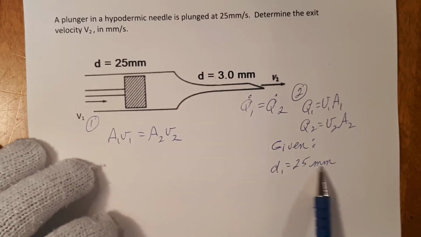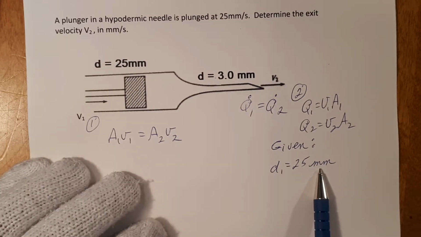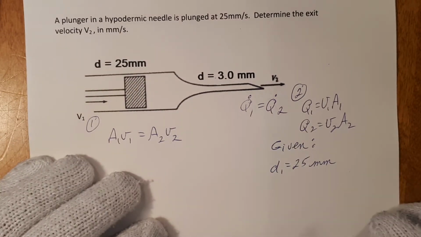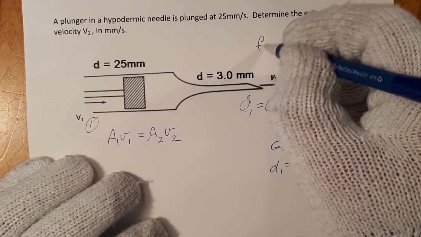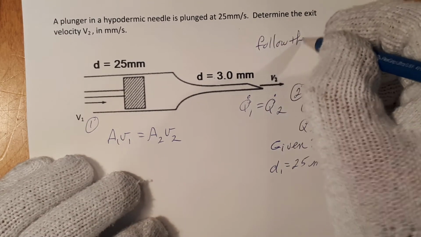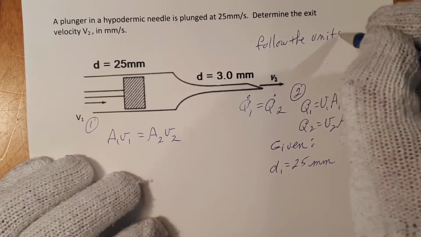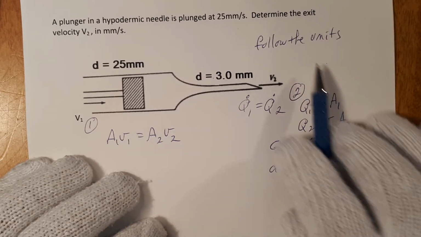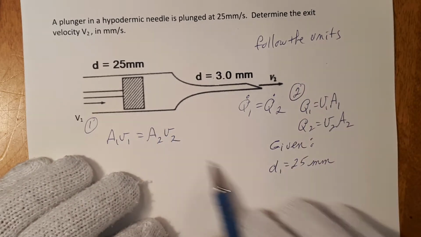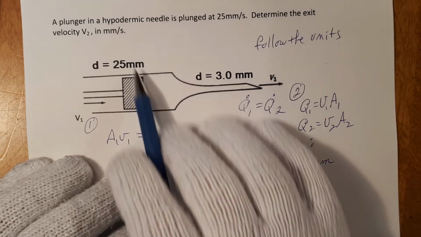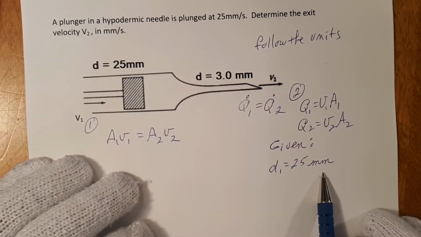Hence, we're going to leave things in terms of millimeters, and instead of changing over to base units, we're going to follow the units. As long as the units work out, the solution here will be correct in terms of millimeters per second.